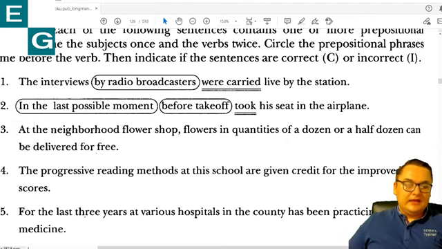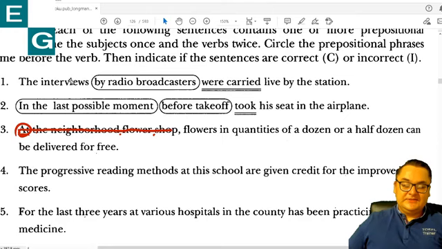I want you to think about the prepositions first. I have found some here. At the neighborhood flower shop. So, can you believe that? The neighborhood flower shop is not likely to be the object I'm looking for because I have a preposition. So it somehow kills it.